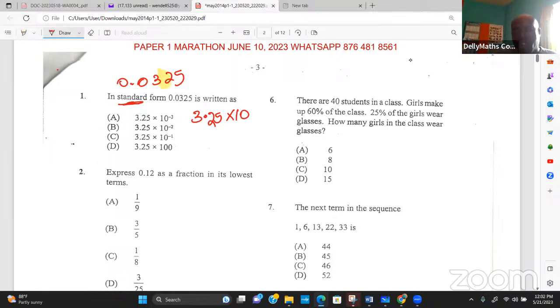Then we check how many places we move the point, which is 2 places, so this is 10 to the second. If the number is less than 1, or if the decimal point moves from left to right, it's a negative power. So our answer is B.